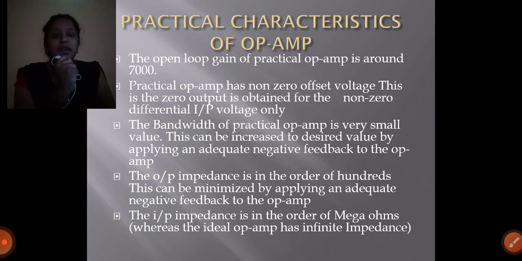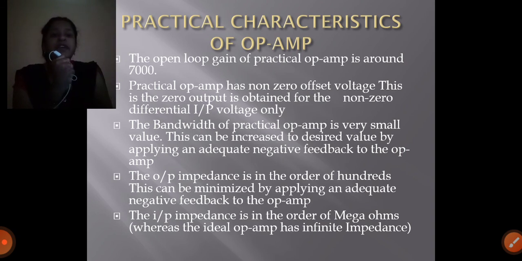We have to study the offset voltage parameters. What do you mean by offset voltage? Zero output is obtained for the non-zero differential input voltage only. If the input voltage is non-zero, we can obviously get a non-zero output. Correct?